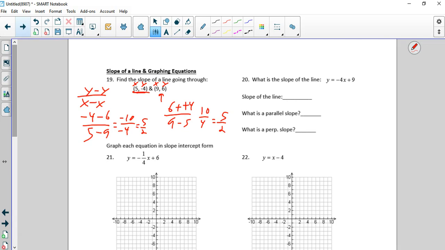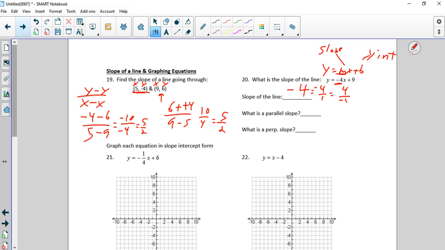Number 20, what's the slope of this line? Well, remember, y equals mx plus b. M is your slope. B is your y-intercept. So, what's in front of the x? Be careful, it's not 4. It's -4. You can also think of it as -4 over 1, or 4 over -1.